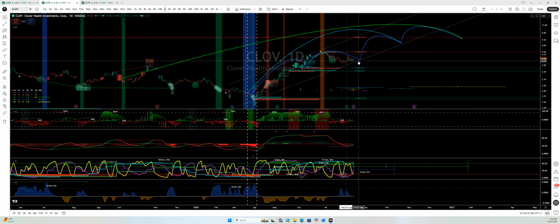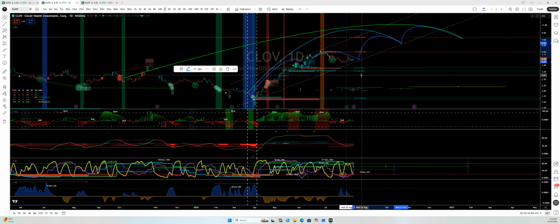So I would expect some type of solid move to the positive side around the end of this month. Looking forward to around the beginning or the middle of September, actually, for a retest or a breakout and then higher highs, higher lows.